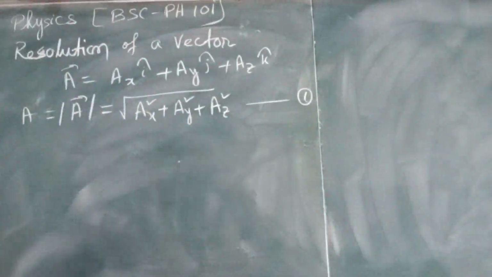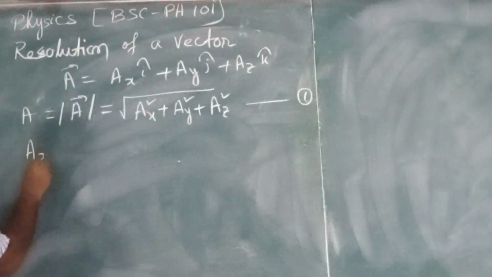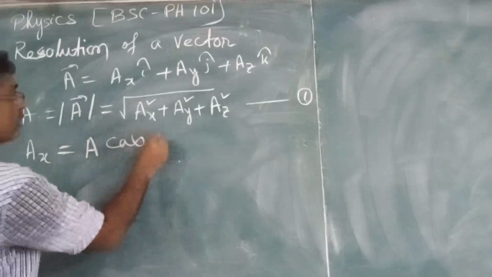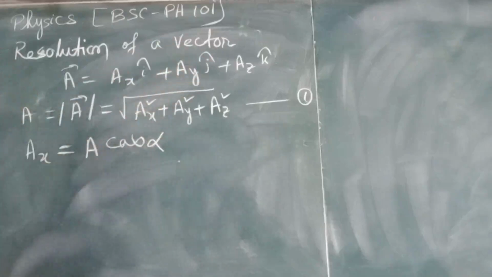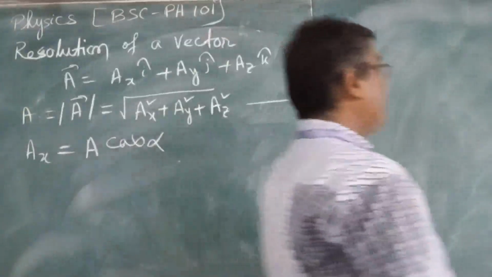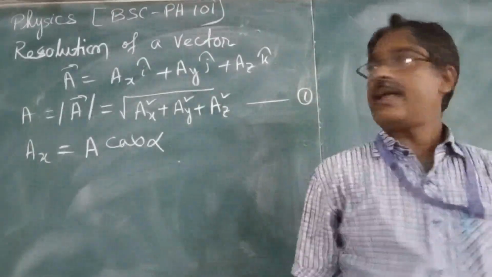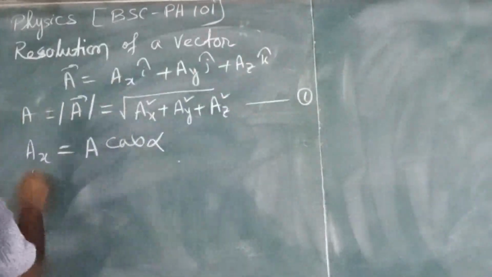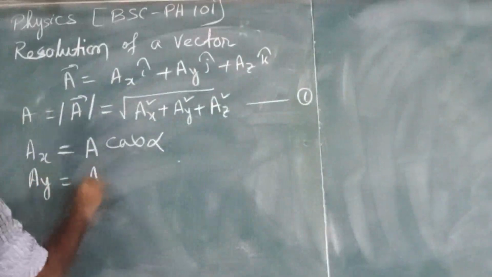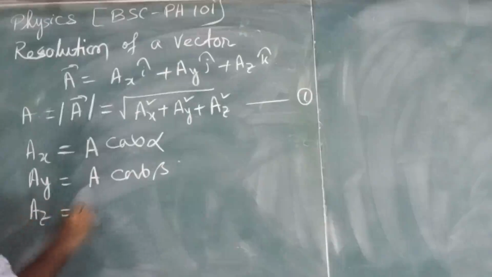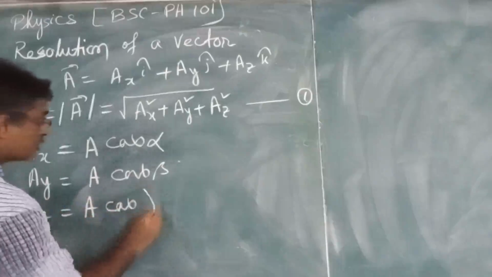Now, the components: from the figure we get AX equals A cos alpha. Similarly, AY equals A cos beta and AZ equals A cos gamma.